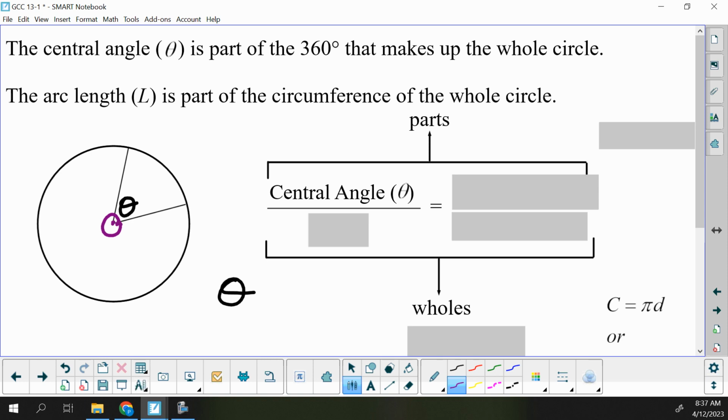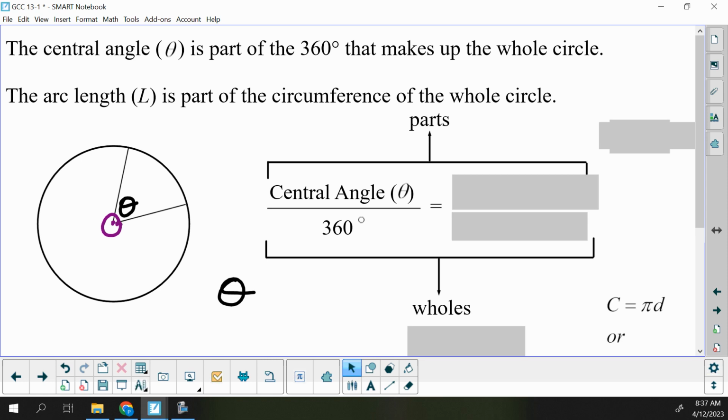If you go all the way around, it would be 360 degrees. So on the bottom of that fraction, we will always have 360. The central angle amount will change from problem to problem, but the bottom left will always be 360. And so what we have on the left is a partial over a whole, the partial angle over the whole angle.